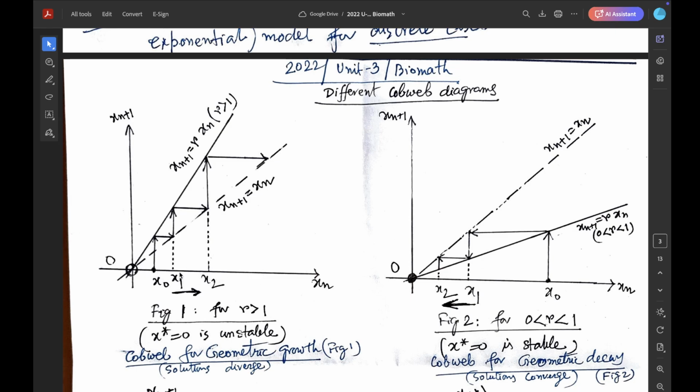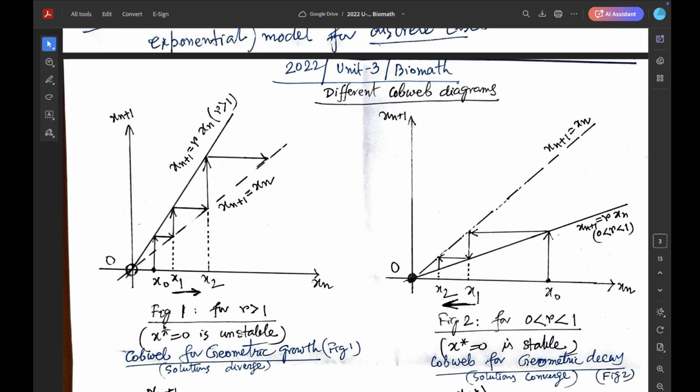Now this solution set just moves away from the steady state 0. The steady state is the point where the reproduction curve and the diagonal line meet. The corresponding x coordinate is the steady state, fixed point or equilibrium point. So the solution set x_0, x_1, x_2 moves away from the steady state.